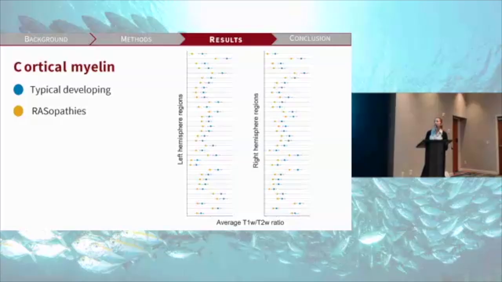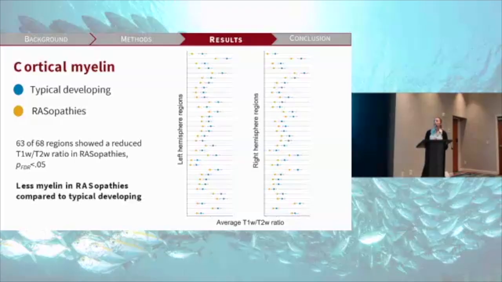When we compared each of the 68 regions between the typically developing group in blue and the RASopathies group in gold, we found this really clear pattern where the average T1-T2 ratio in the typically developing group was consistently higher than in the RASopathies group. Our statistical analysis showed that this was significant in 63 of the 68 regions following a false discovery rate correction. So overall, these results showed that there seemed to be less myelin in children with RASopathies compared to typically developing youth.